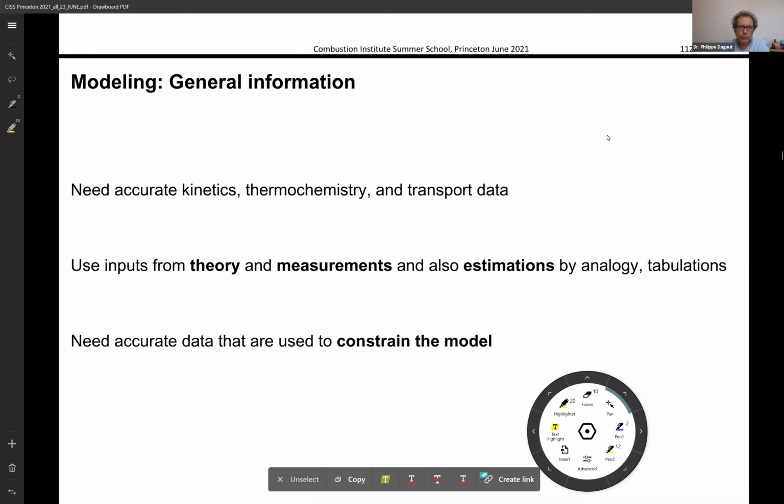We can use theory and measurements, also estimations or tabulations for these. And finally, we need accurate data that are used to constrain the model.